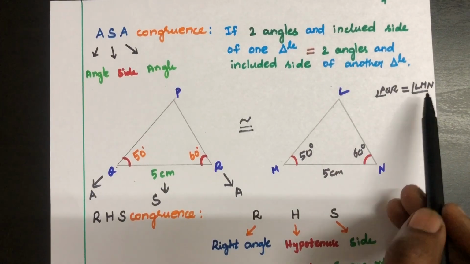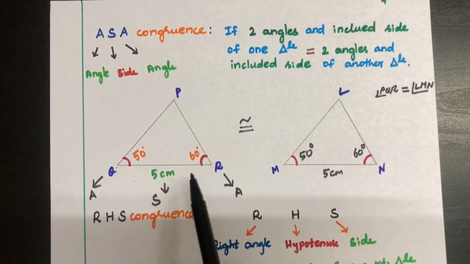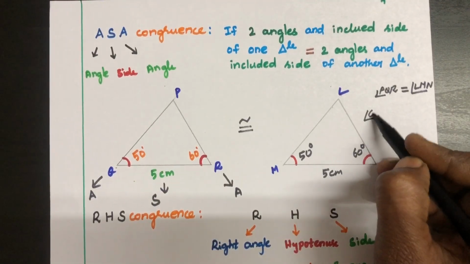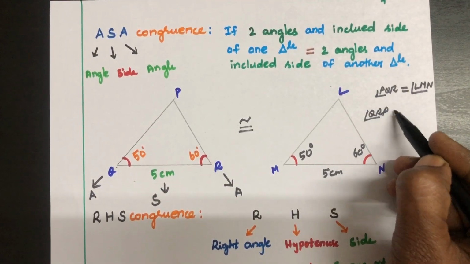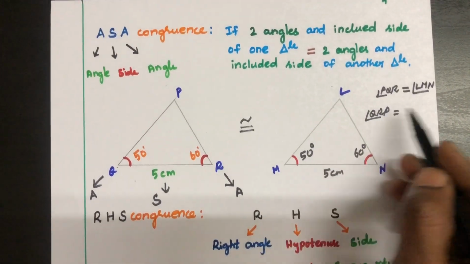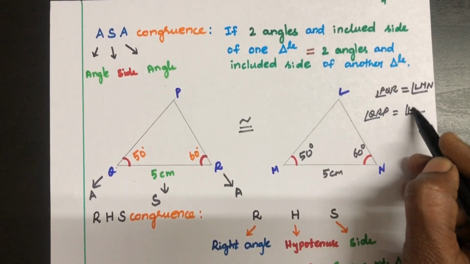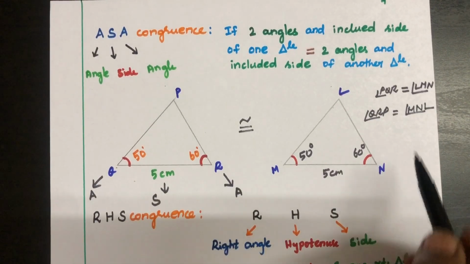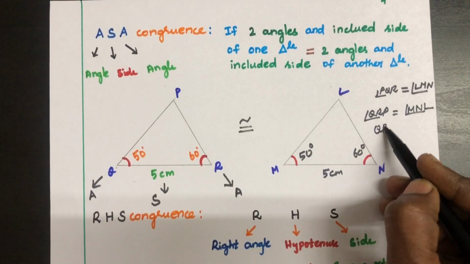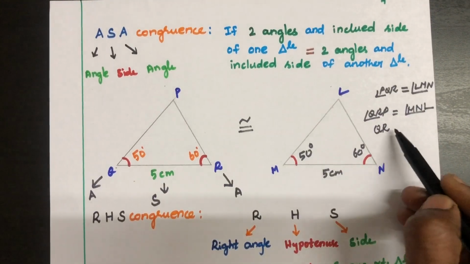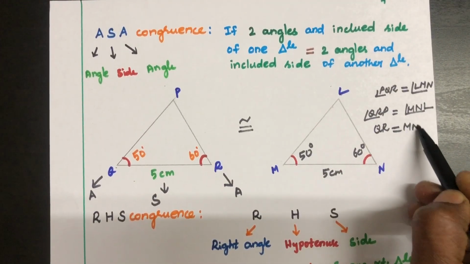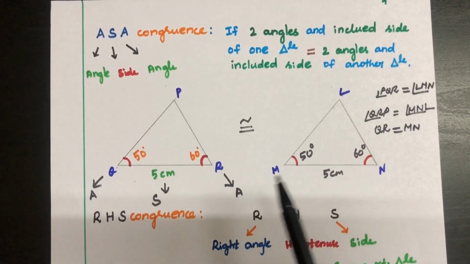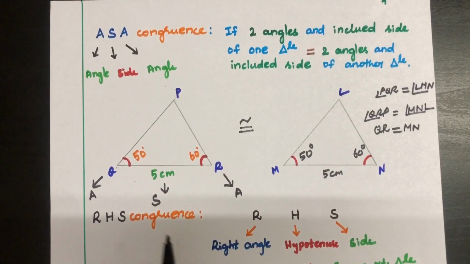Both are equal. Next correspondence, QRP equal to MNL. Now the side: QR corresponds to MN. This is the way to prove which criterion it belongs to in a congruence.